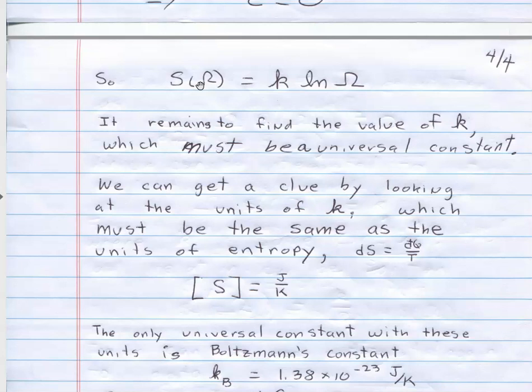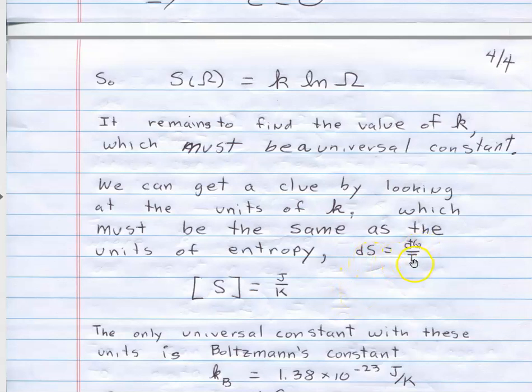And here we can use some dimensional analysis and just look at the units that k has to be in. Pretty obviously, S over here is the entropy. Omega is a number, natural log of a number is just a number, and so k has to have the same units as entropy.